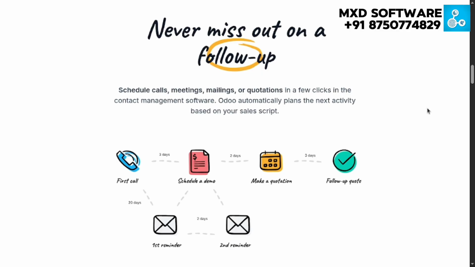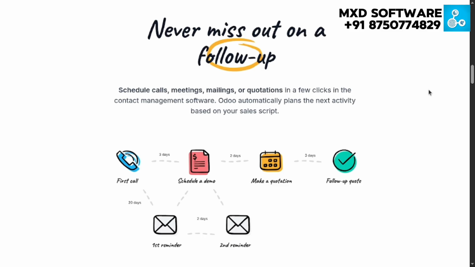For example, in our sales process there are 5 or 10 activities that are placed every time we deal with a particular customer, or there are some fixed activities. So in Odoo CRM we can fix those activities, and once one activity is done, we can plan to trigger another activity or suggest one to the user.